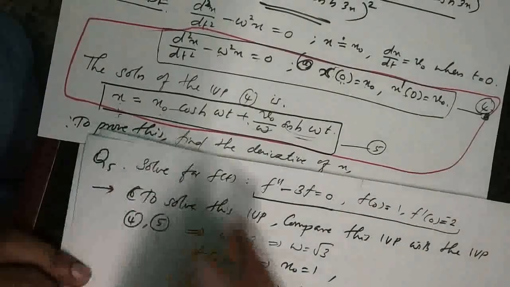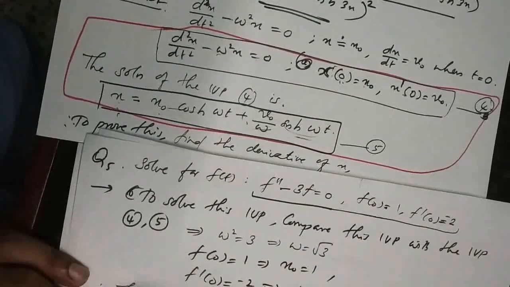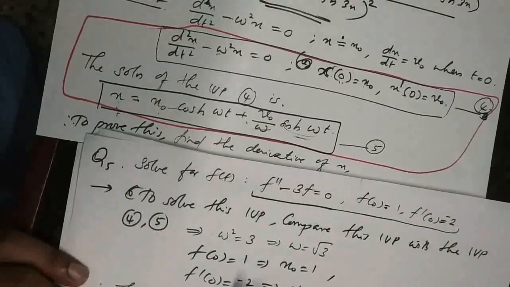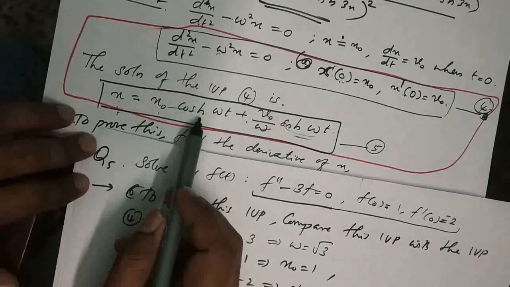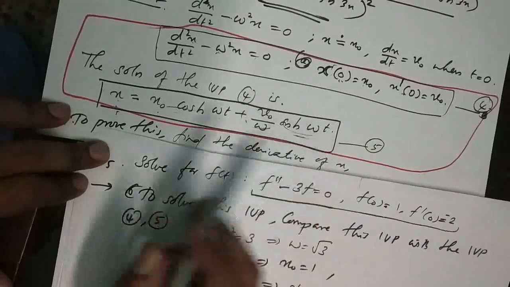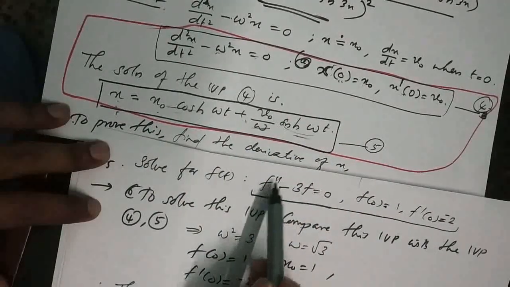Therefore the solution is x = x0 cosh(ωt) + (v0/ω) sinh(ωt). Here x can be replaced by f.